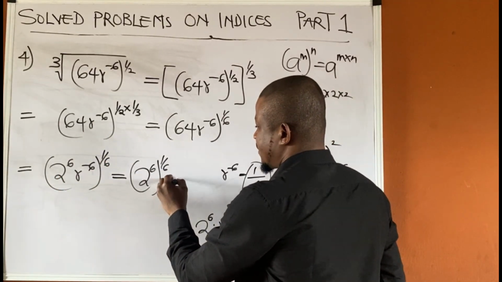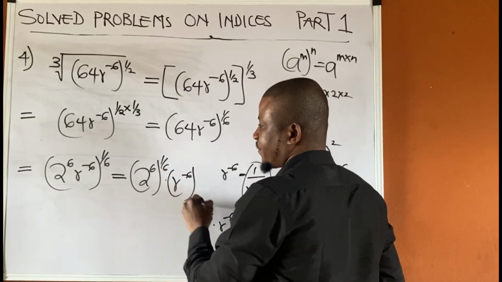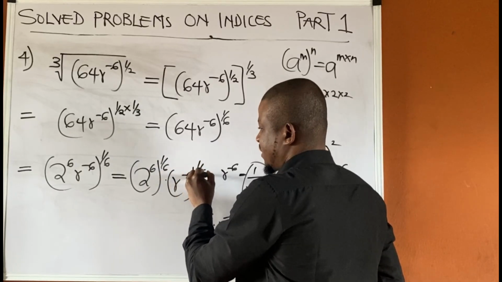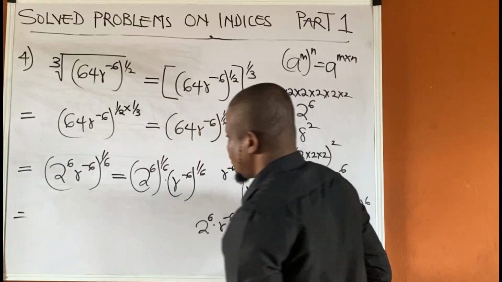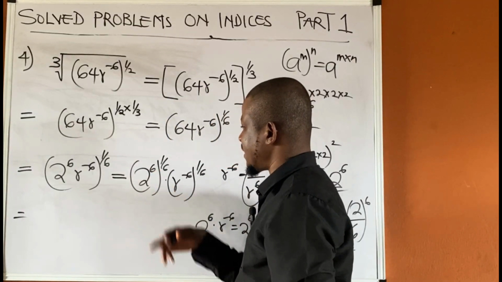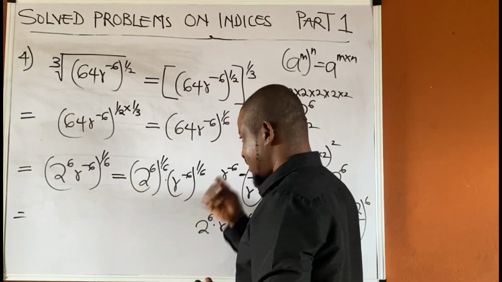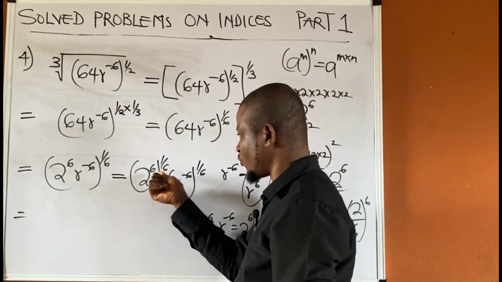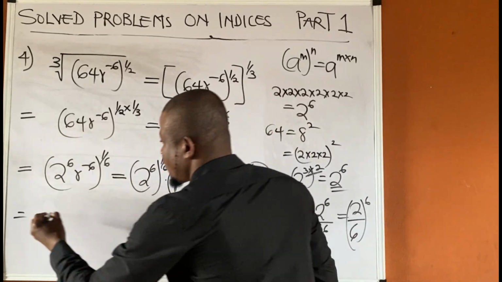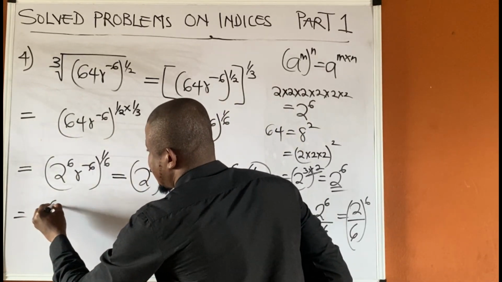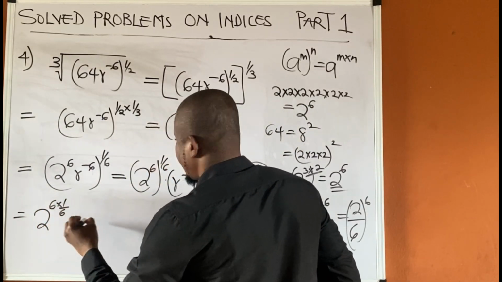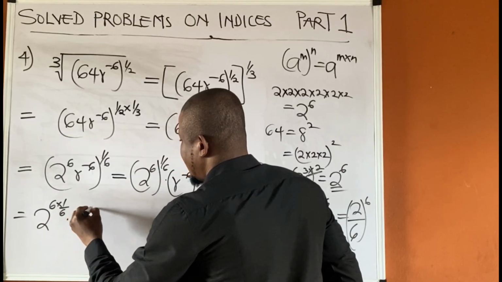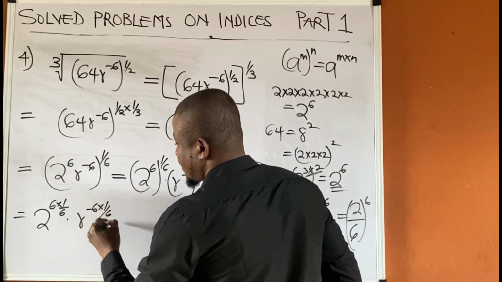So this is times r root to power negative 6 raised to power 1 over 6. Okay, let me continue with this. This is the power law of indices, that when you have an index number raised to another power, the two powers multiply. So this is 2 to the power 6 times 1 over 6. R root to power negative 6 times 1 over 6.